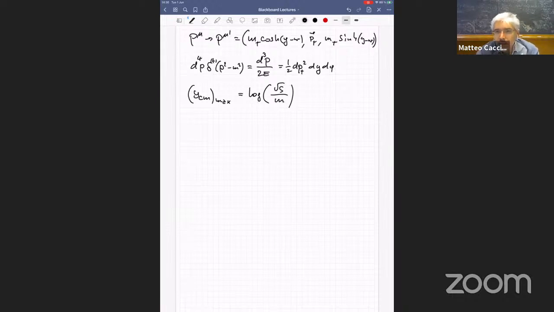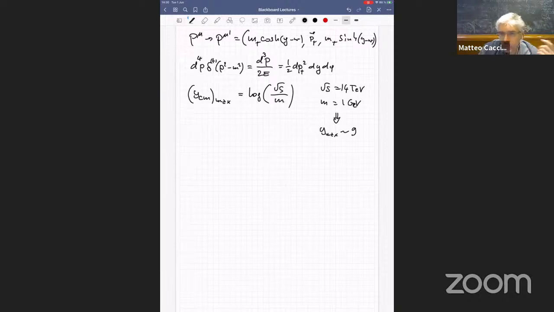And if you try plugging in numbers for, let's say, the LHC and the production of a typical hadron, say 1 GeV, so if you take square root of s equal 14 TeV and mass equal 1 GeV, so production of one fairly light hadron in 14 TeV, assuming that all the energy, of course, goes into the collision, which is not the case, then you get Y max of the order of 9.